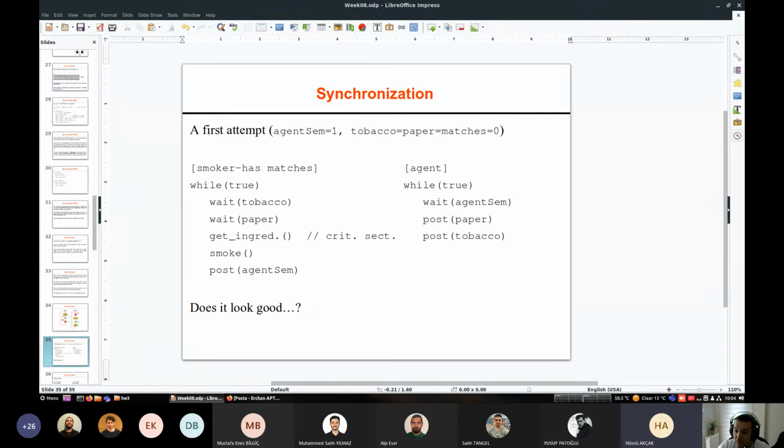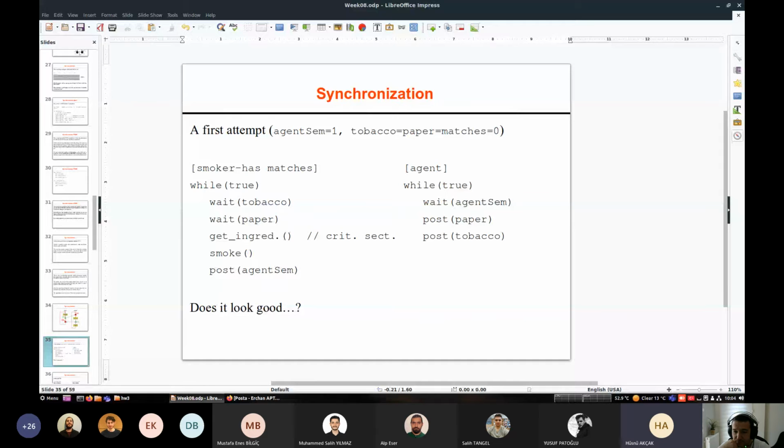This could be the situation. One process wants tobacco and matches, gets into this critical section and gets the tobacco, and it should wait for matches. So it has tobacco but no matches.